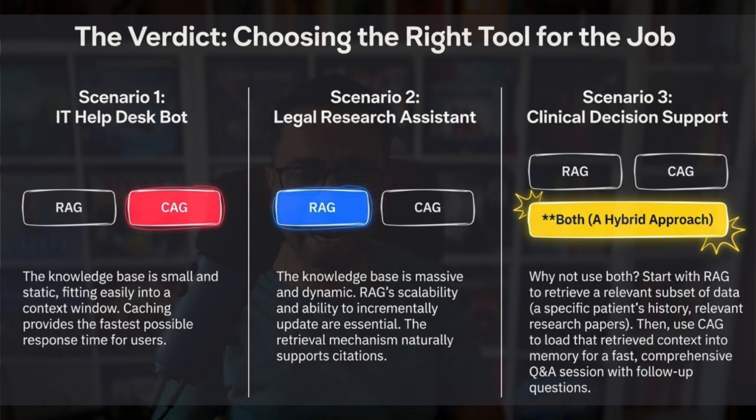Then use CAG to load the retrieved context into the memory so fast. So for example, let's say you want to have the patient history, you retrieve that, but the patient might have a lot of reports that were done today. You can fetch those reports at a given point of time because your context window is higher, right?